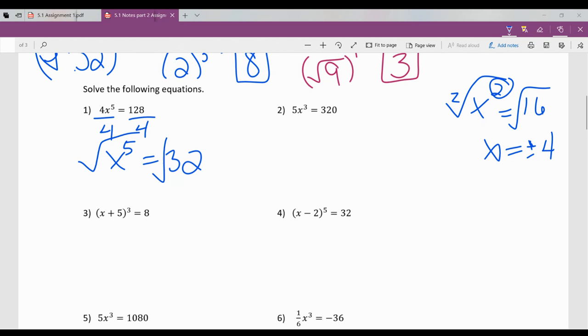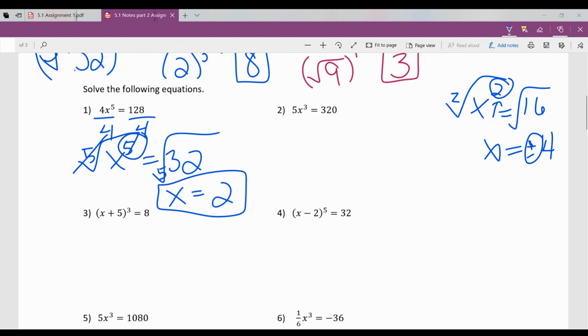We're going to take the fifth root this time so that the 5 and the 5 cancel out, and we get x equals, and now here's the deal. If your exponent is odd, we don't have to put plus or minus. We only have to put plus or minus when it's an even exponent, okay? So when it's an odd exponent, we don't need to do plus or minus. So x equals, what's the fifth root of 32? What number times itself 5 times is going to give you 32? And that's 2. Final answer.